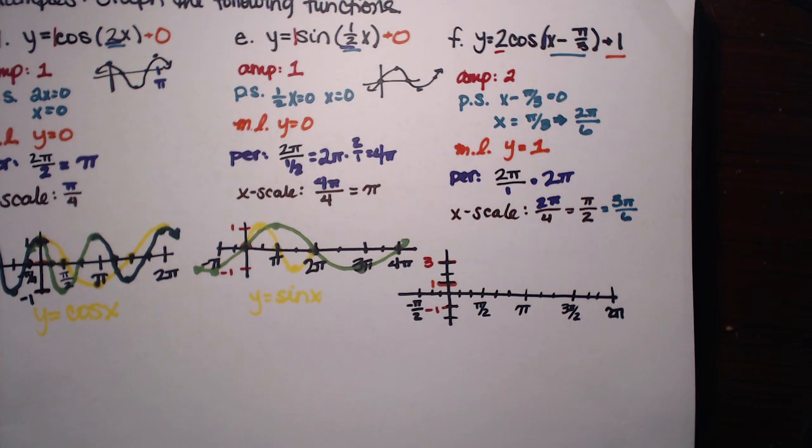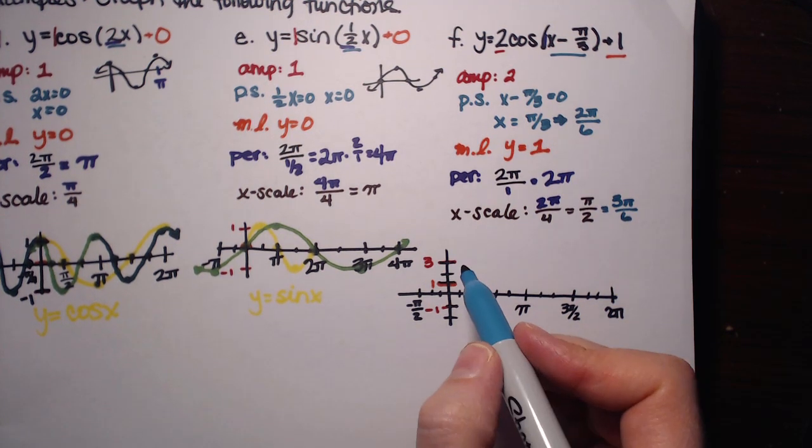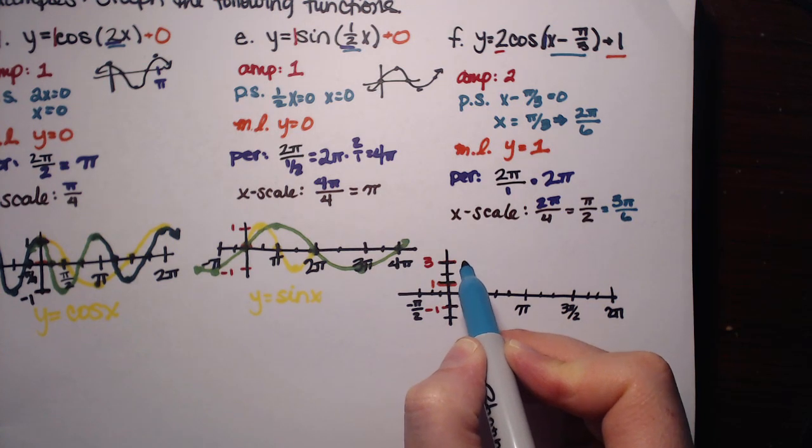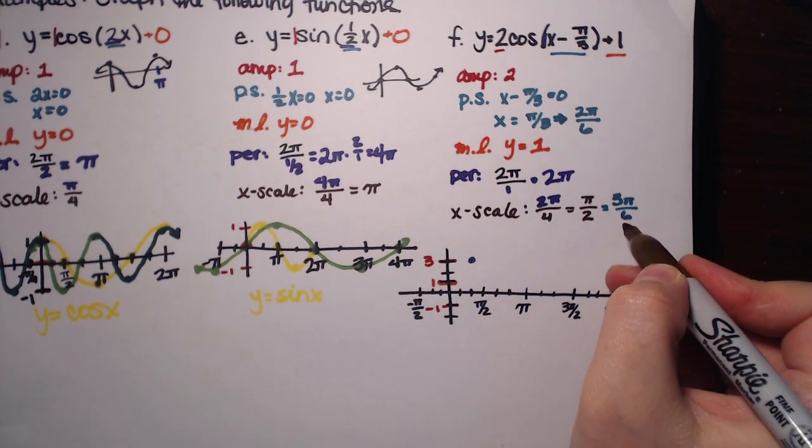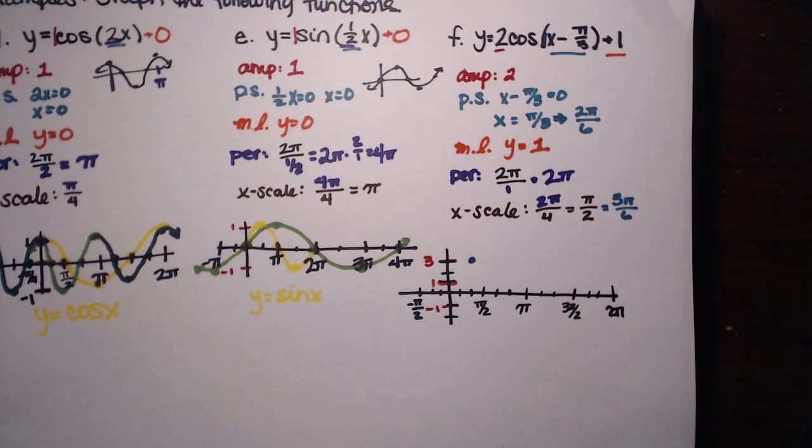So cosine starts at the top, but this one we are moving to the right 2 pi 6. So instead of here, we have to go two marks. And then we're stepping every 3 pi 6. So I need to go 3 marks to move. Oops, here's the other green one.